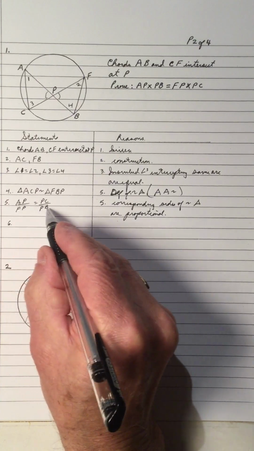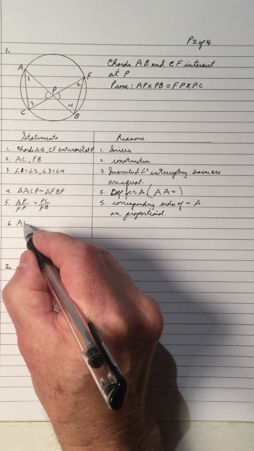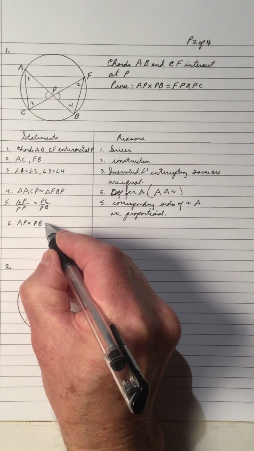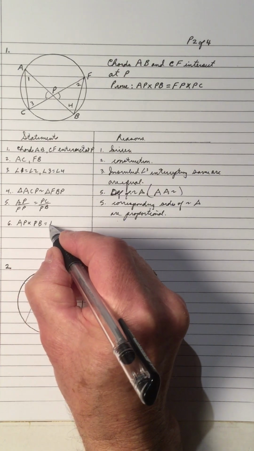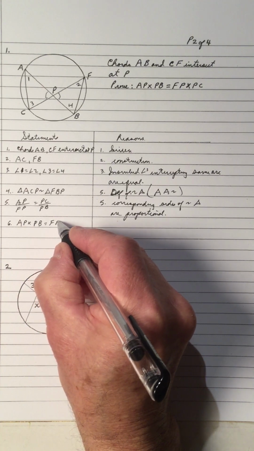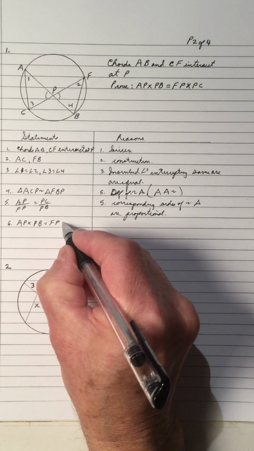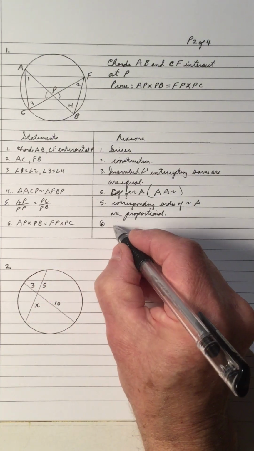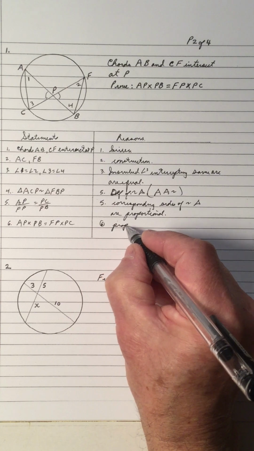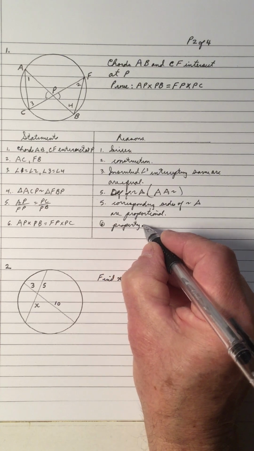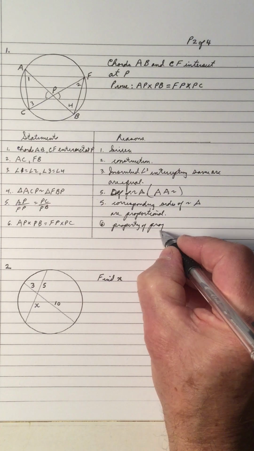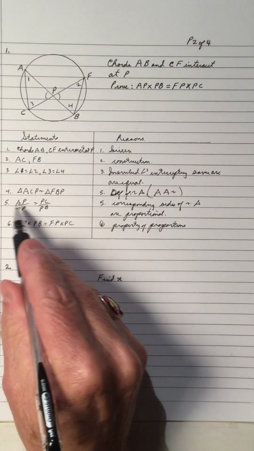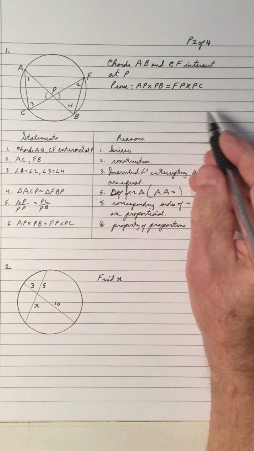As a result, cross multiply: AP times PB equals FP times PC. That's the property of proportions, you cross multiply. So we have the proof done.